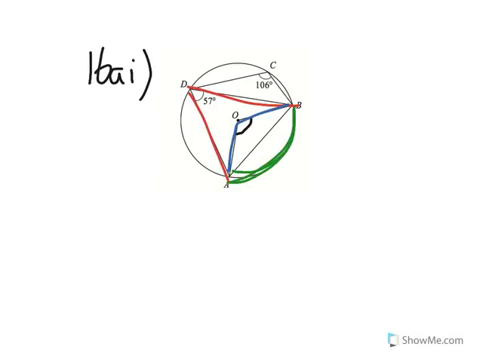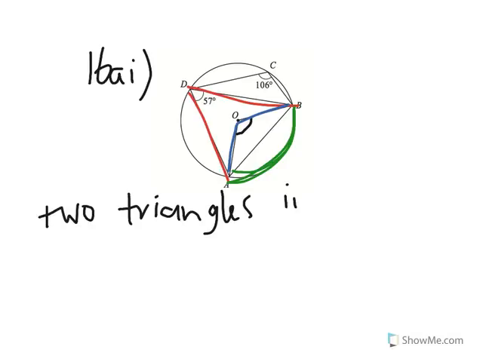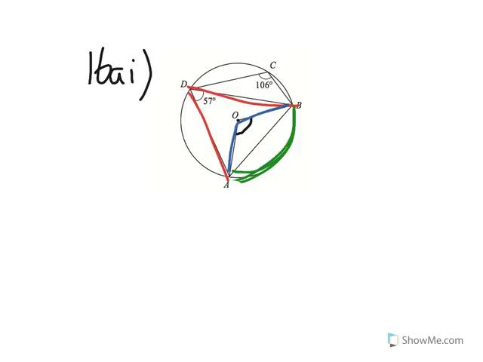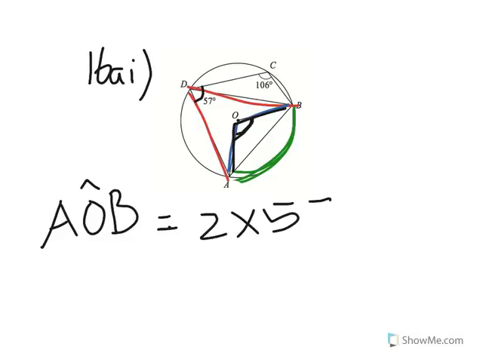Now, there is a rule that states that if there's two triangles in the same arc and one just goes to the center, that means that the angle at the center is actually twice the angle at the edge or at the circumference of the circle. So angle AOB is just simply 2 multiplied by 57 degrees.